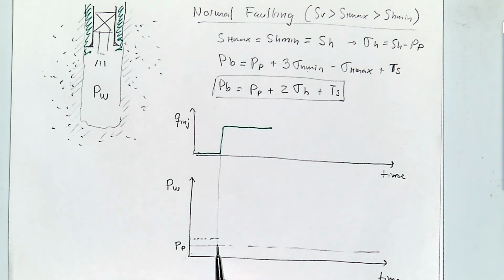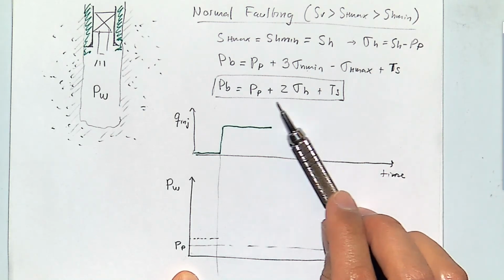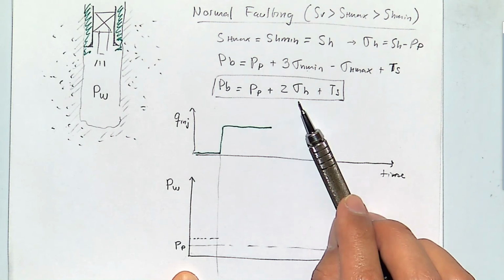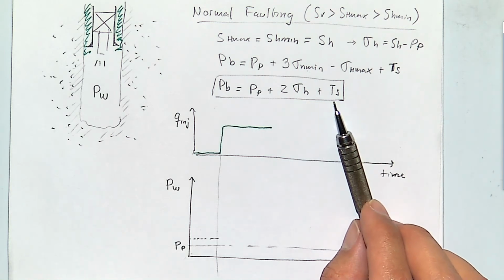The question is, how much will that increase? And according to our equation here, that's going to increase to this quantity, the pore pressure plus 2 times the effective horizontal stress plus the tensile strength.